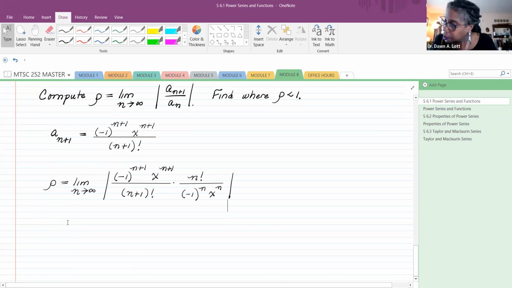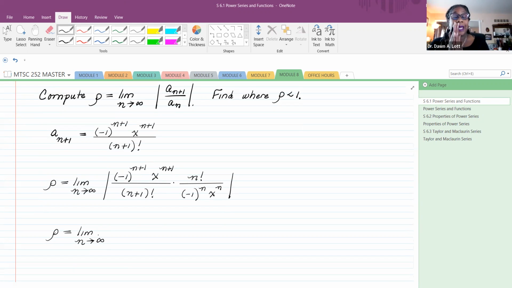Okay, so now rho is going to equal the limit as n approaches infinity. And now the -1s inside, in absolute value, will be gone, because when we take the absolute value of -1, we get 1.